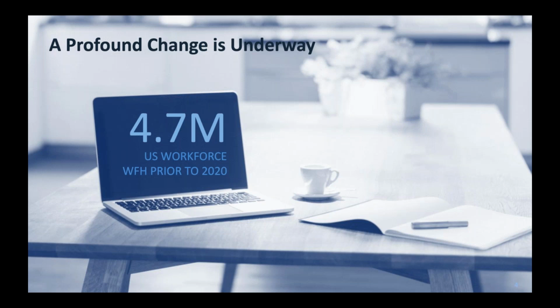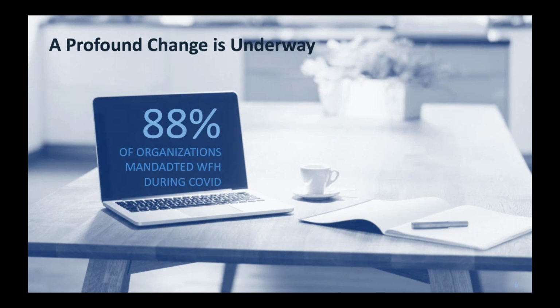So there was already some momentum building around working from home, but that has obviously exploded recently. In a Gartner survey they recently conducted worldwide, 88% of the organizations they talked to had either mandated working from home or highly encouraged employees to work from home during the pandemic, which, as you can imagine, is just enormous. It's millions and millions of organizations.